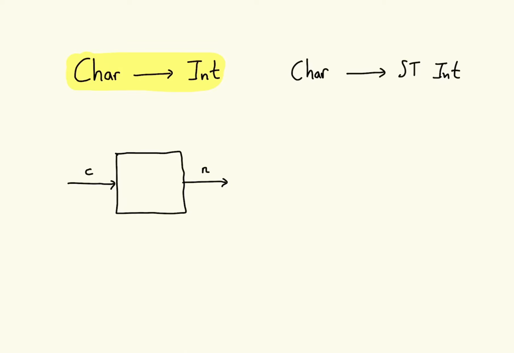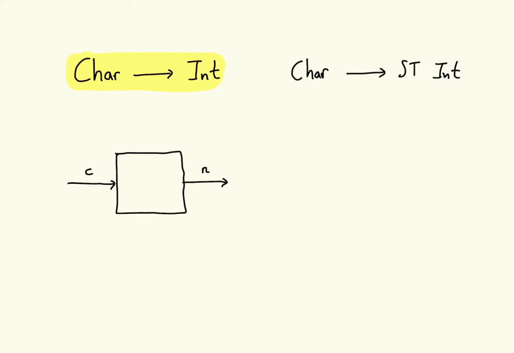So this is the hallmark of a pure functional language such as Haskell. If I have a function from char to int, all it is is a box that is going to take a character as an input. It's going to process it in some way in a pure manner. It's not going to interact with the outside world. It has no side effects. And then it's going to deliver me a number n. So very, very simple. We're very familiar with this idea.